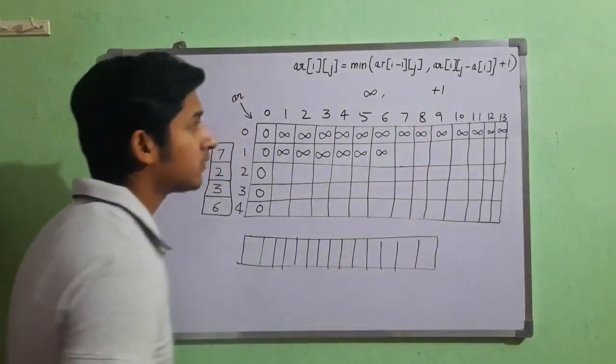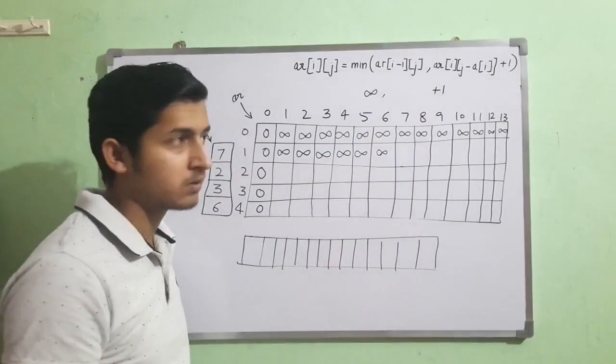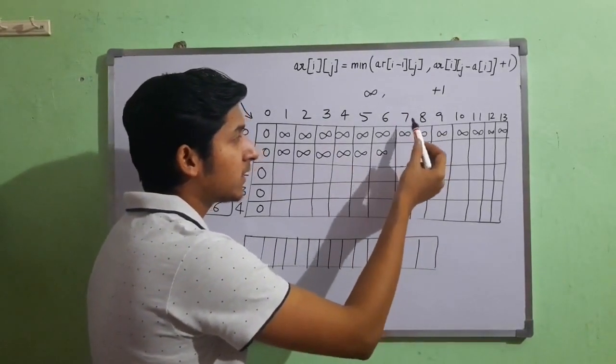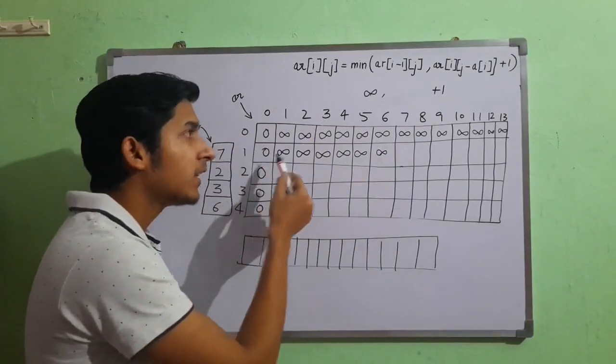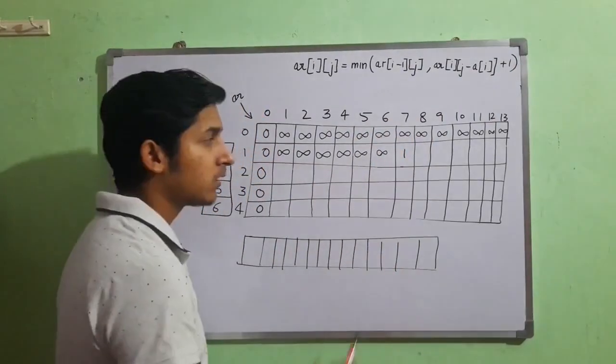For 7, this coin adds the value 7. So I'll subtract from this index the value of this coin and add 1 to this. So 1 will be here.